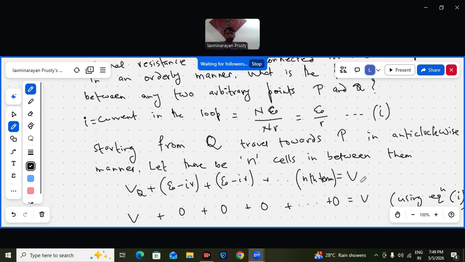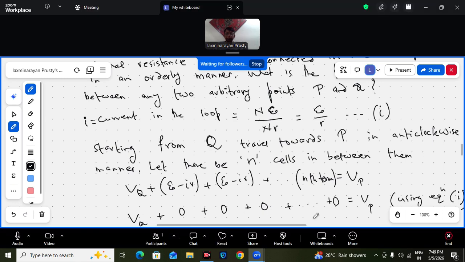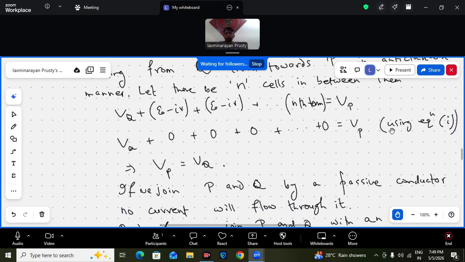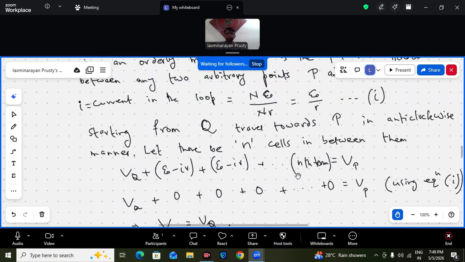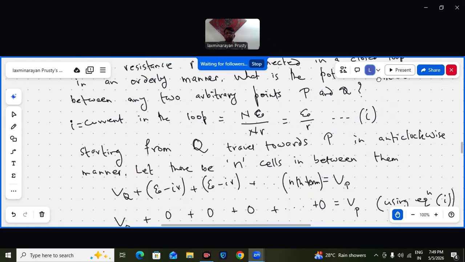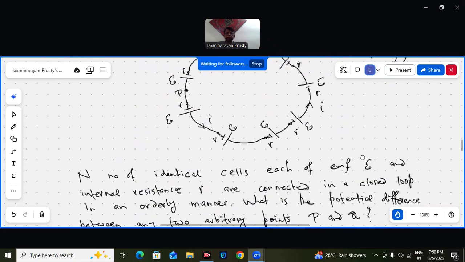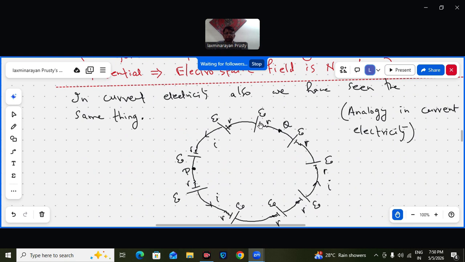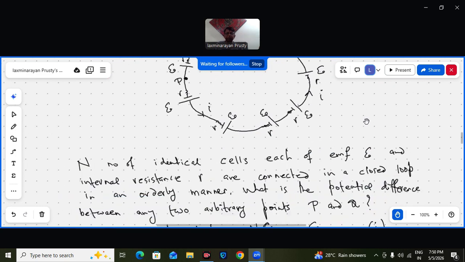So I start from Q to P. Current is in this manner. This point is Q, this is P. So what should I see? VQ plus E minus IR plus E minus IR plus E minus IR plus that equals VP.